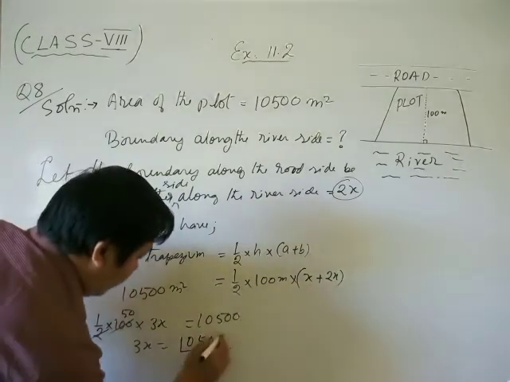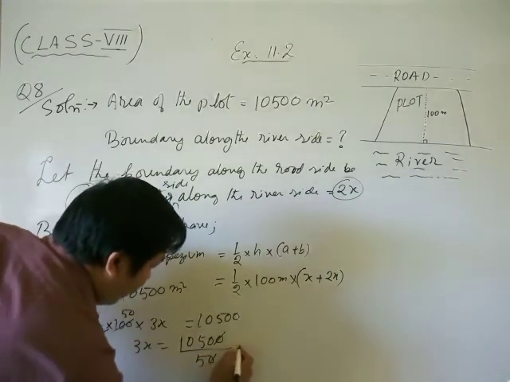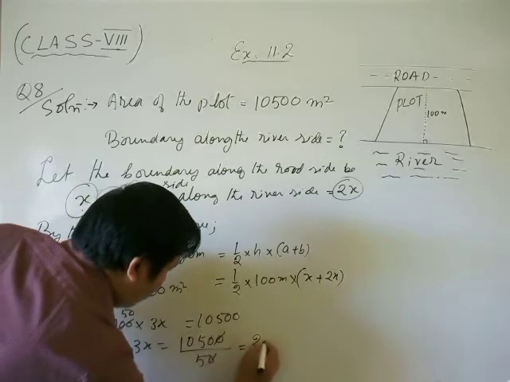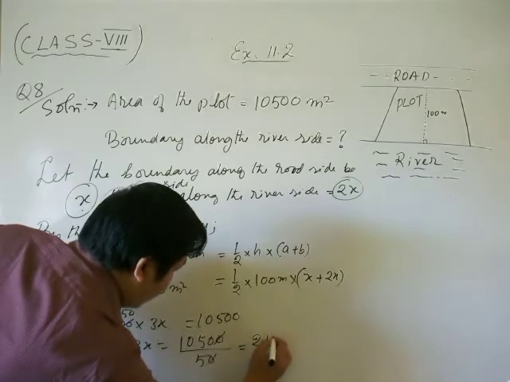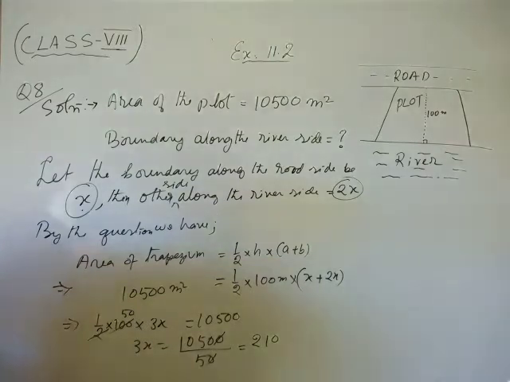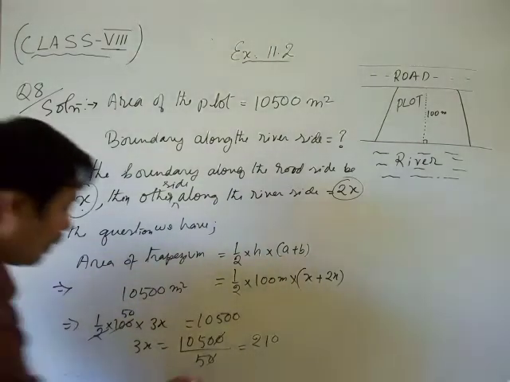Now you see here, you can cancel this 2, isn't it? Then how much will be here? 2, then 1, 0.